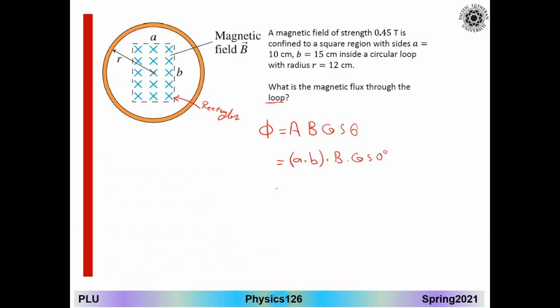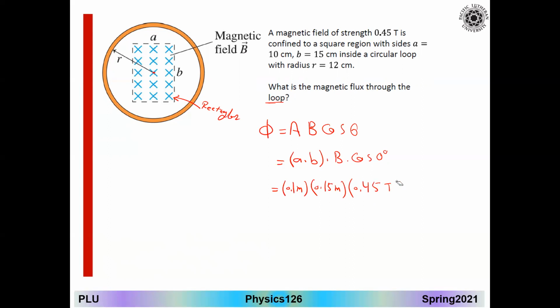Now I plug in my numbers, my A and B, my H, 0.1 meters times 0.15 meters, times my magnetic field 0.45 Tesla.